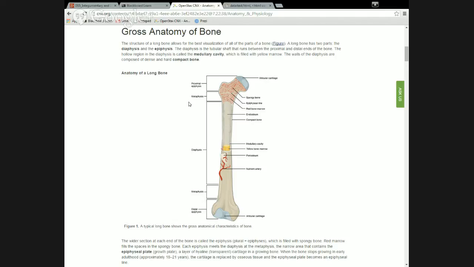Another thing about the metaphysis is it represents where in the bone it was growing longer when somebody was in the process of growing. And there's a little line right here through the metaphysis in the end that's been exposed or cut open here. That's the remnant of the growth plate, okay?